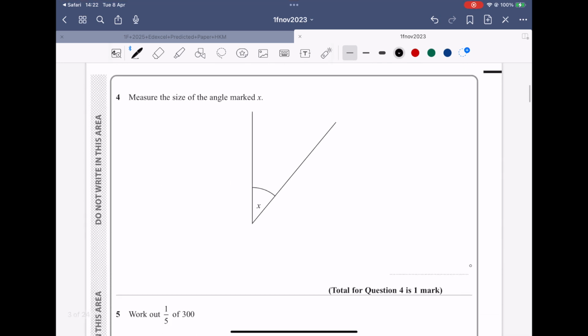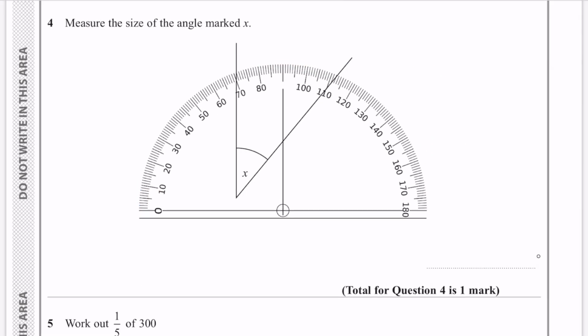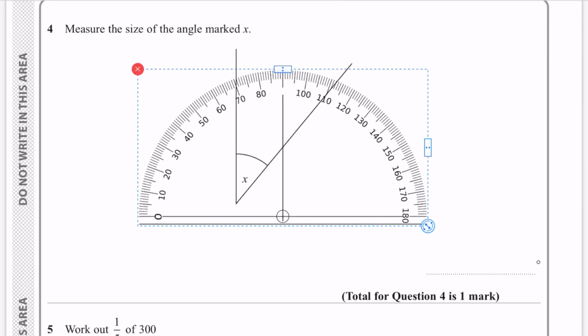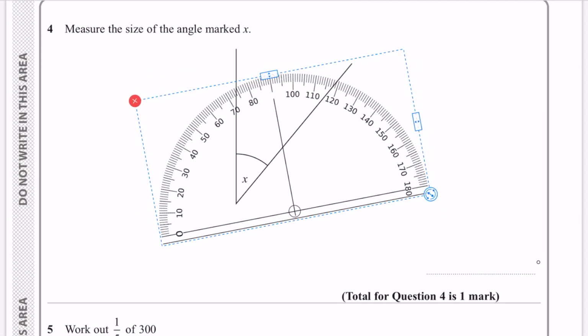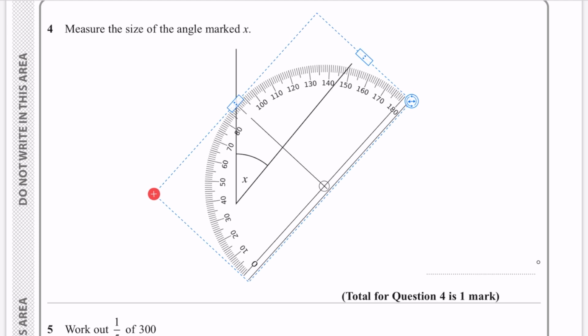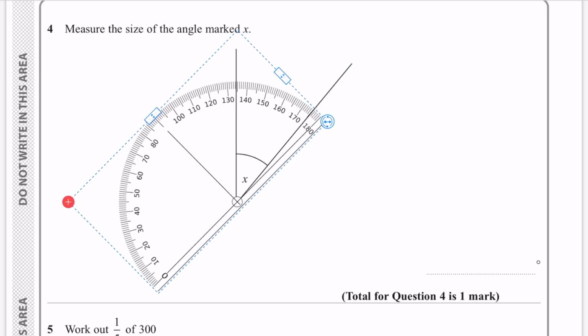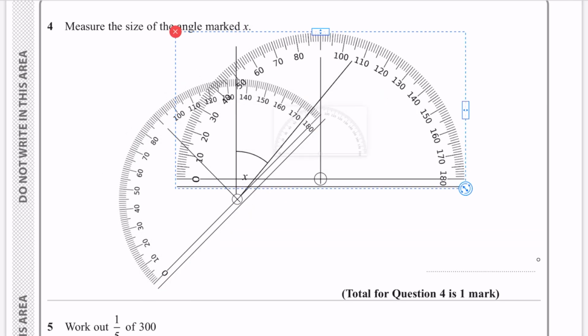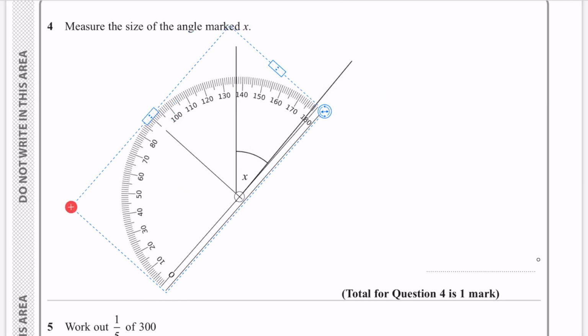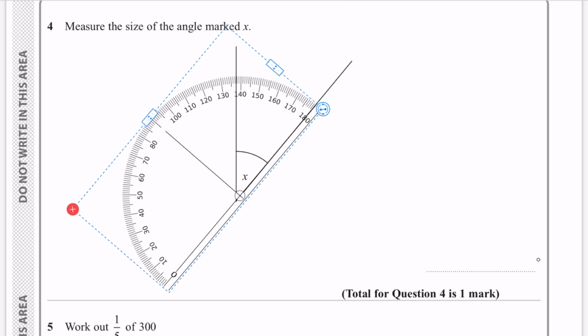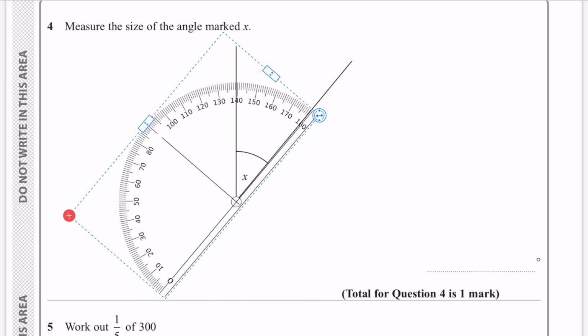Measuring this angle, I'm just going to have to pause for a moment. Okay, I've got my protractor out. I've had to go online to get one, so it's a bit weird looking. Line it up however you want, but you need to line up the angle so it's perfect, and then get that dot in the corner.